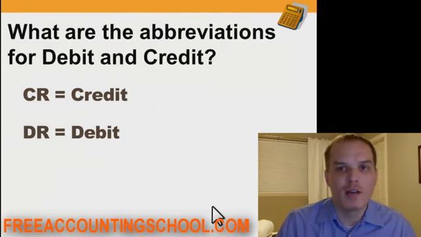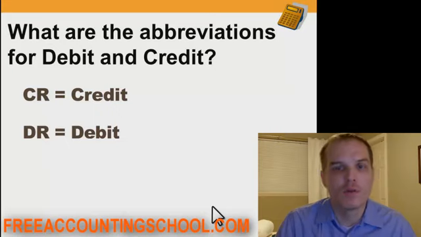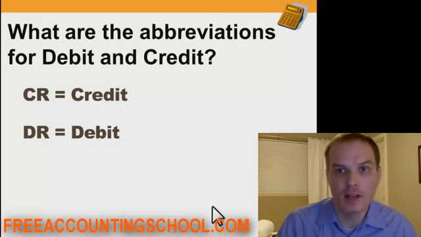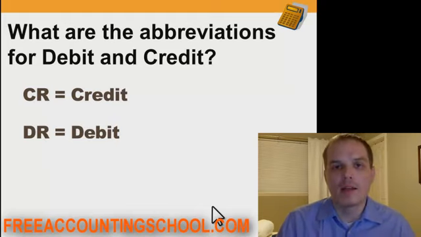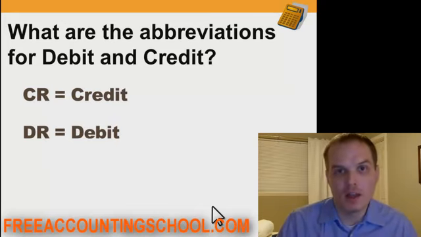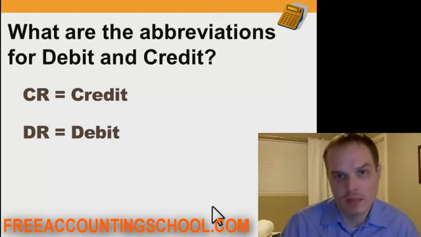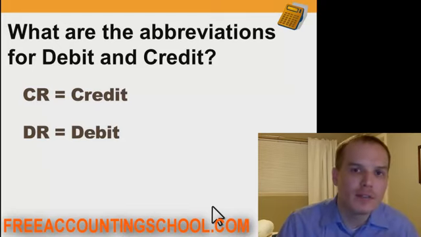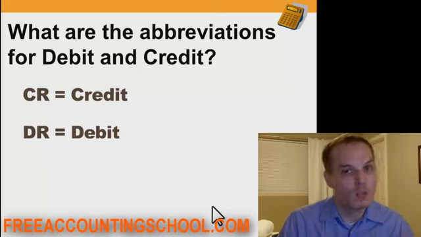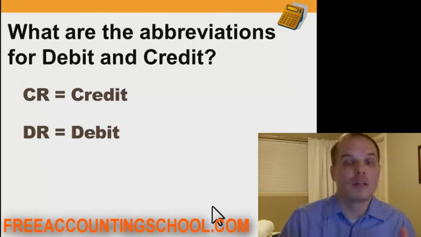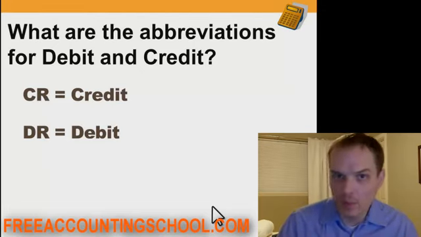So when we're teaching accounting, we use abbreviations for the words debit and credit because we don't want to write out the full word all the time. The abbreviation for credit is CR, which makes sense. But the abbreviation for debit is DR, which is kind of weird, because there's no R in the word debit, right?